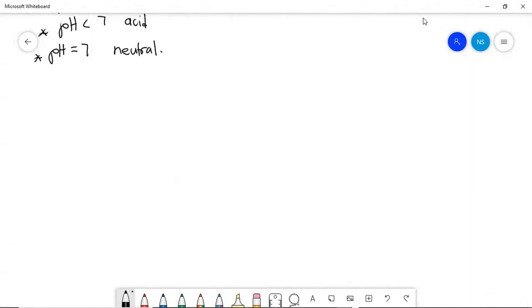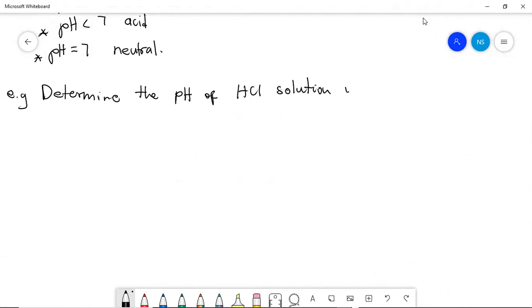Let's say you are told to determine the pH of an HCl solution with a concentration of 0.02 mole per dm cubed.